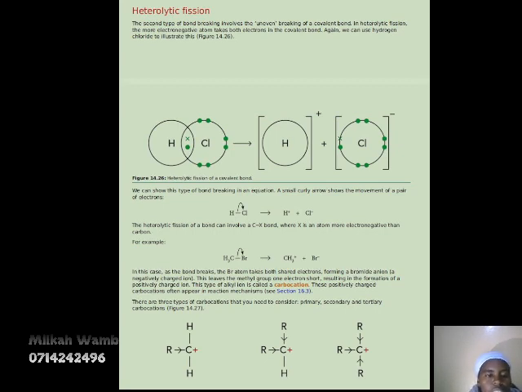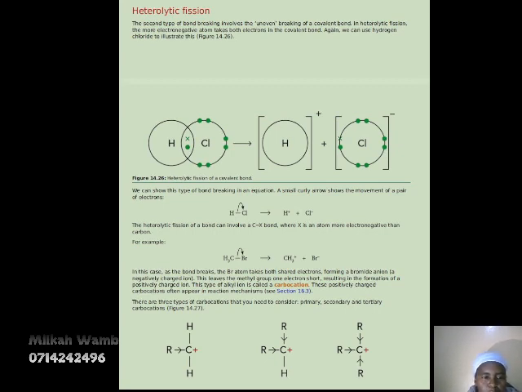We can also have bond breaking represented as C and X. For example, with methyl bromide, both electrons forming the bond between the methyl group and the bromine are carried away by bromine, so that's also a heterolytic fission.